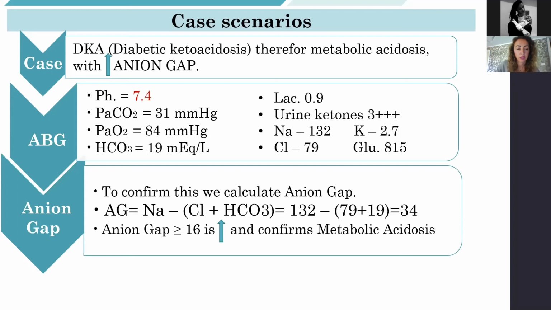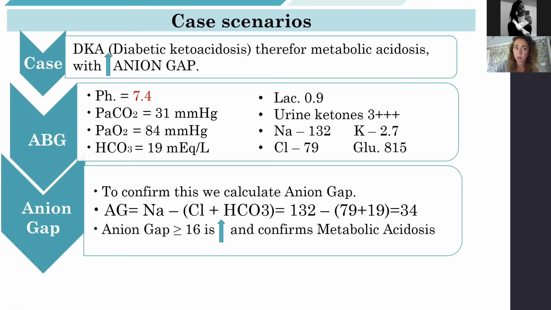In this slide, you have the equation for the anion gap, which is showing the sodium, the chlorides, the bicarbonates. If we use the values of the patient, we will see that this patient has anion gap of 34. And that is the value that is showing us that this patient is having metabolic acidosis.